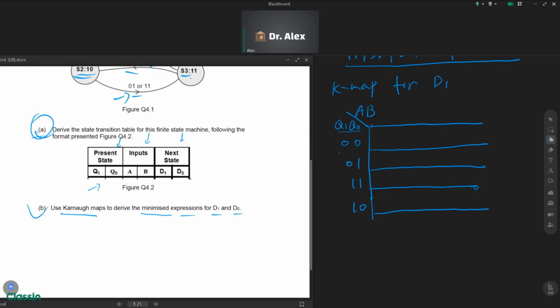Those are 4 possibilities. For AB, it's also 0 0, 0 1, 1 1, and 1 0.